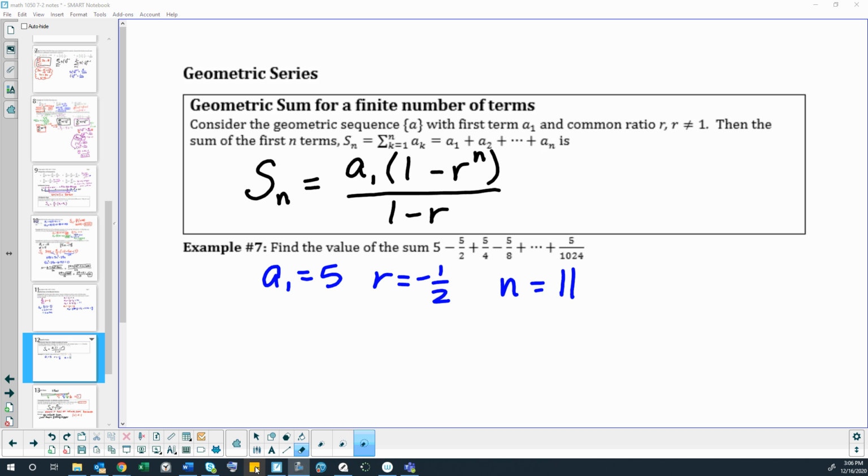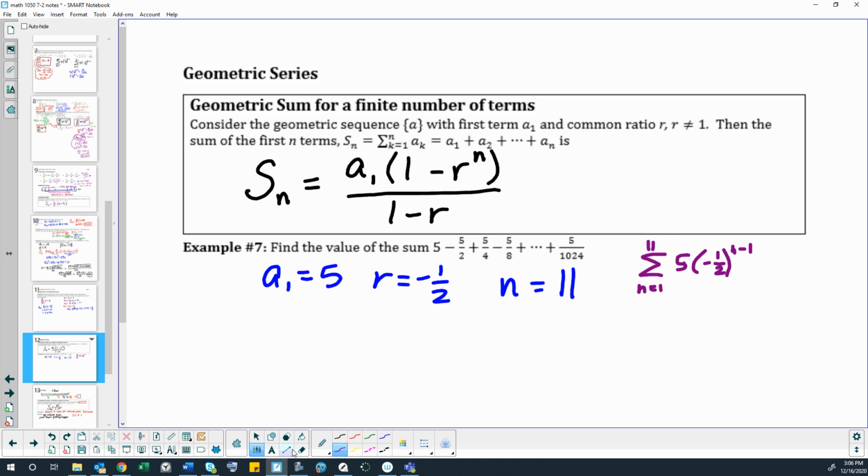the sigma notation. So when we did that, we wrote this as 5 times -1/2 to the n minus 1 power, and our series was going from n equals 1 to 11.